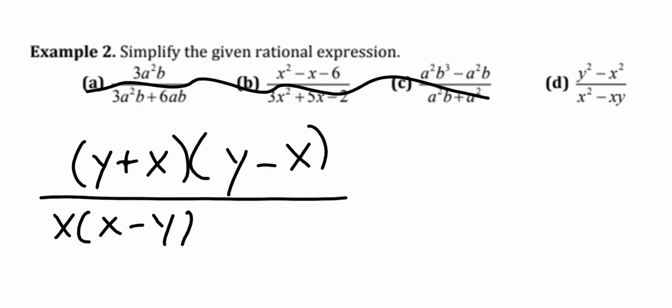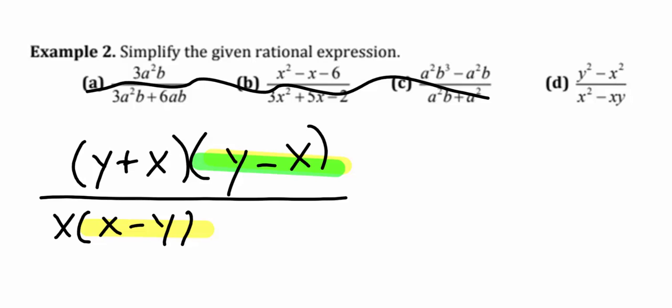So notice that y minus x on top and the x minus y, they're like the same but opposites, right? Their signs are different. So what I'm going to do is factor a -1 out of the y minus x on the top. I'm going to highlight green here in just a minute. I'm going to factor a -1 out of that because that'll make it x minus y.